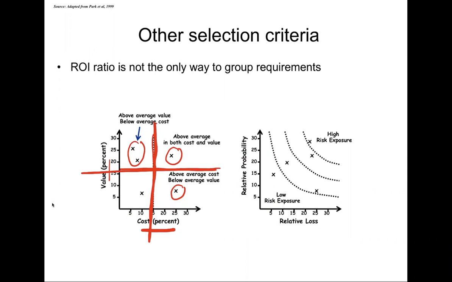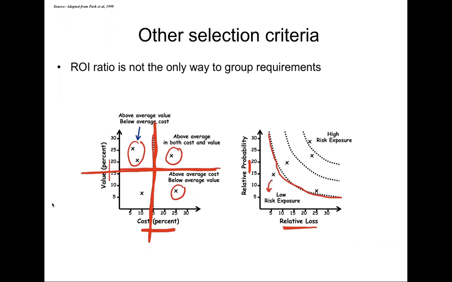We can even use the relative loss to determine the priority level of each requirement based on the risk. That means we plot the relative loss on the x-axis and the relative probability on the y-axis. Requirements that lie below this probability density function of the priority would be considered low risk.